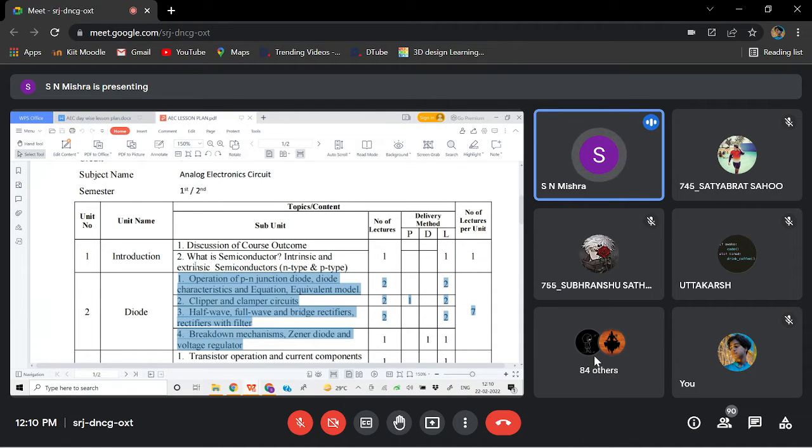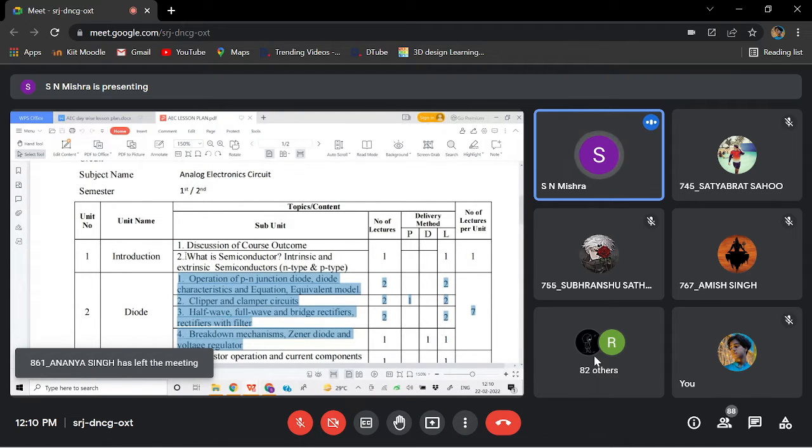These are very basic fundamental things which you have already studied at +2 level. That's why the course does not include semiconductors, but I'll take a few classes regarding that.